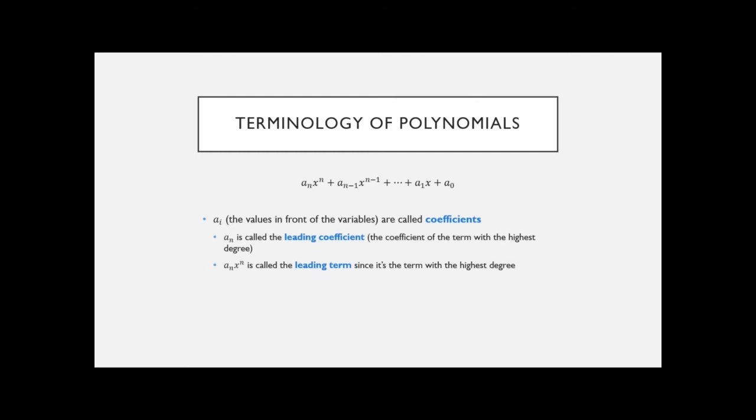So if I have 3x to the fourth minus 4x as my polynomial, and this is a binomial because there's two terms, the leading coefficient would be 3, because that is the one that's in front of the highest degree, the highest exponent there.